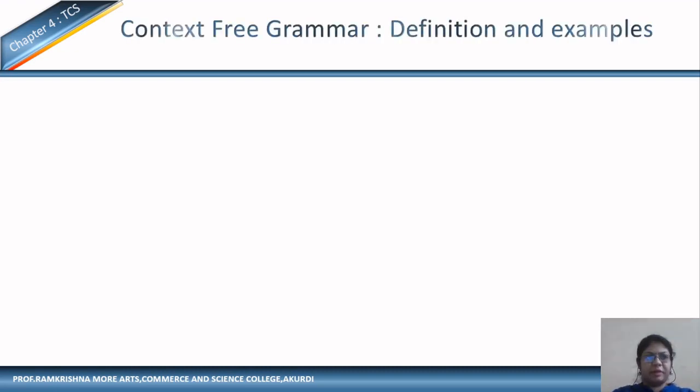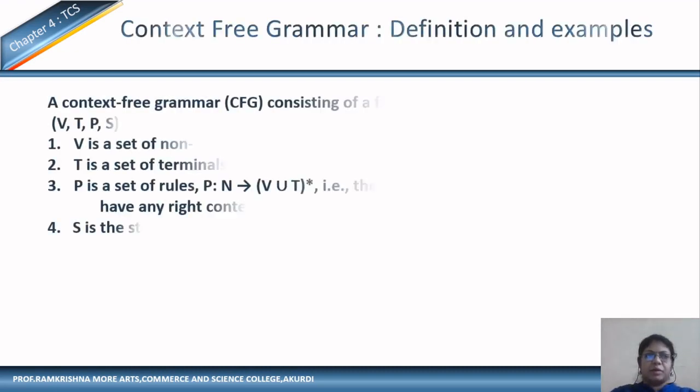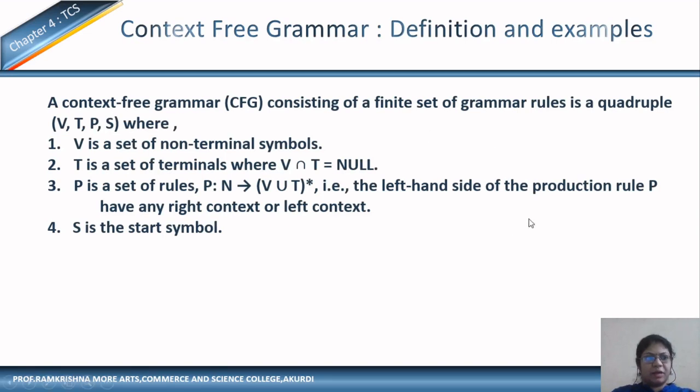So we will see the definition of context-free grammar. What is context-free grammar? It is again a quadruple V, T, P, S. What is V? It is a set of non-terminal symbols, as we have seen in the definition of grammar. T is again a set of terminals. V intersection T equals null, meaning V and T must not have common symbols between them. P is a set of rules. P should be of the form N gives (V union T) closure.